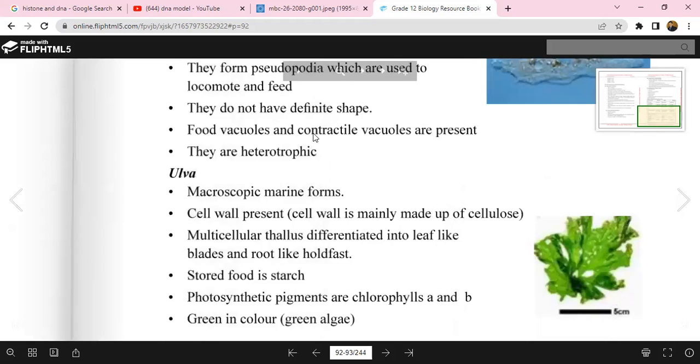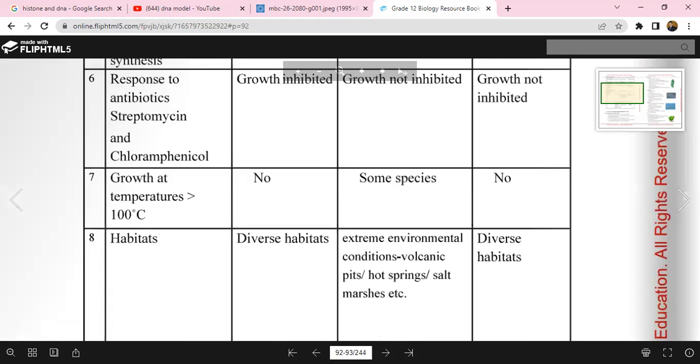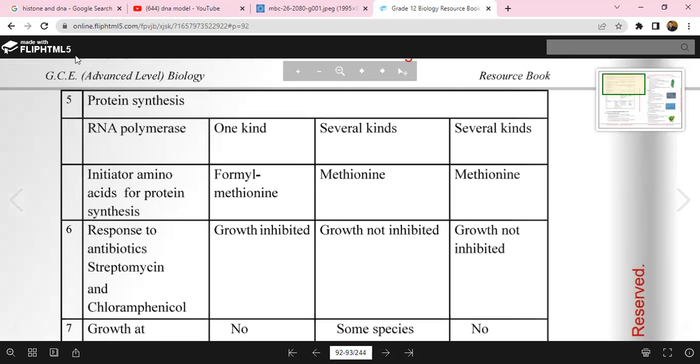Now we are coming to the table for further development. What is the heading? Protein synthesis. How many points are there for protein synthesis? Two points. One is RNA polymerase. The other one is initiate amino acids for protein synthesis. Could you please complete this one, the protein synthesis part?